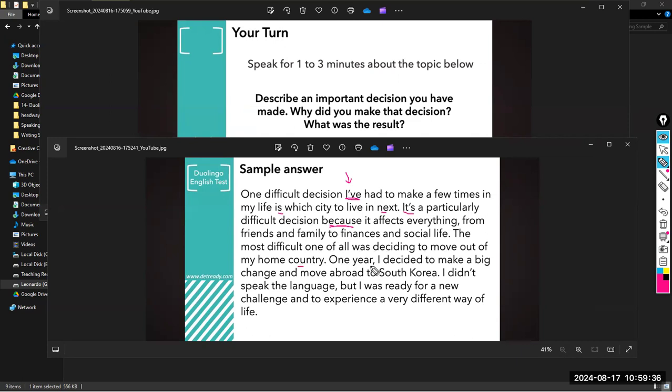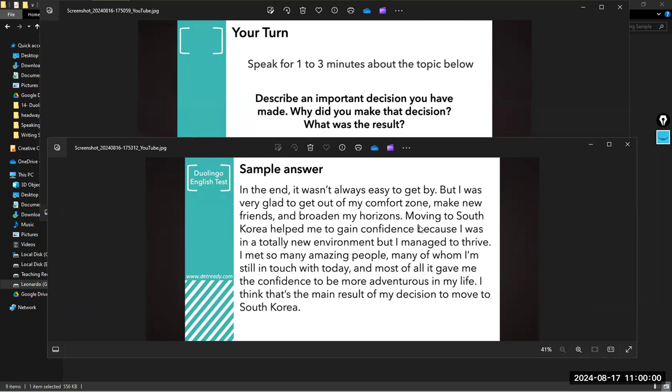One year, I decided, simple past, I decided to make a big change and move abroad to South Korea. I did not speak the language, and this is why, guys, this answers why did you make that decision. I was ready for a new challenge and to experience a very different way of life.